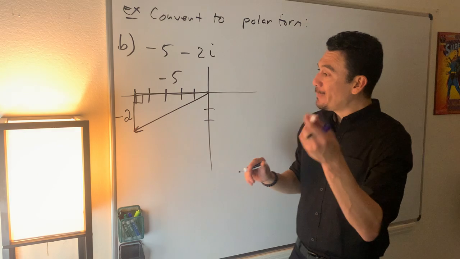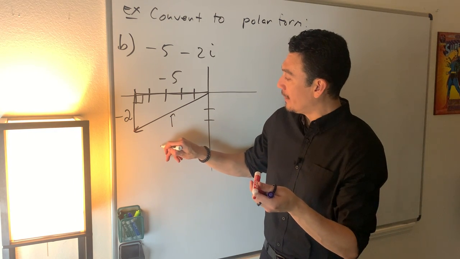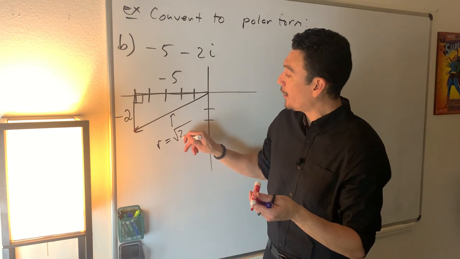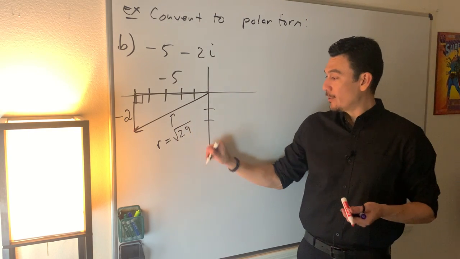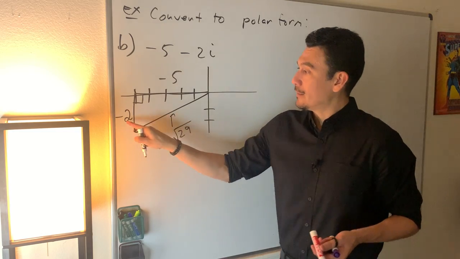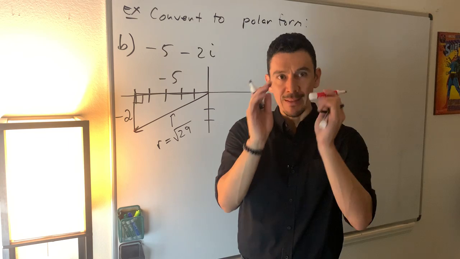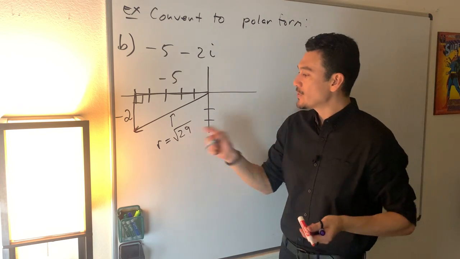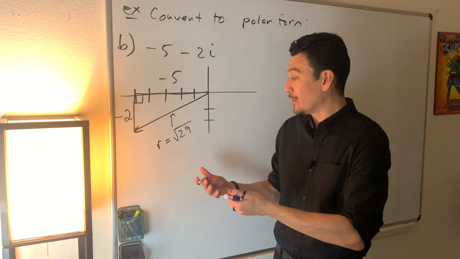And then you can go Pythagorean theorem. You don't need me for that. Pythagorean theorem would tell you that r is the square root of 29. Just make sure in your papers you put the -2 in parentheses, and the -5 in parentheses, and that'll give you square root 29. And why don't we prepare our final answer?